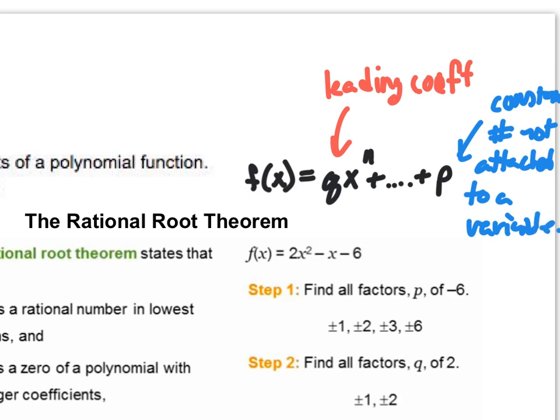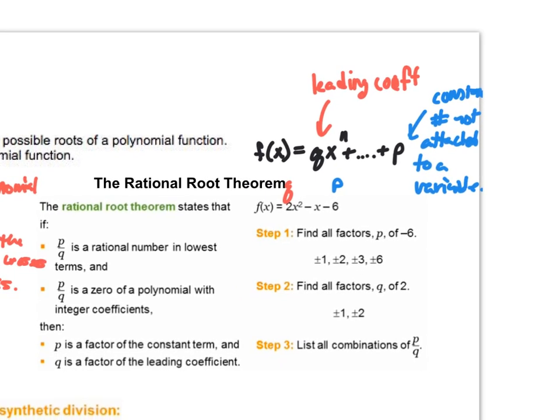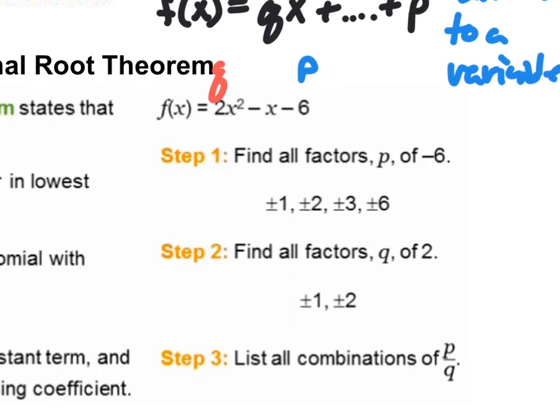So if I were to look at, say, a function like this, what I notice is that 2 is my q, and -6 is my p, okay? And so what we would do is we want to determine all of the numbers p divided by q, okay, and those would be possible roots, okay, possible solutions to that polynomial.